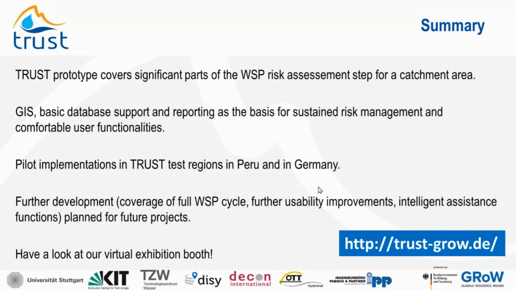For a full-fledged operational system, you would also need some subsequent steps, which are not so interesting from the scientific point of view, but just have to be implemented. And you have to cover the whole water supply chain, not only the catchment area, also the waterworks, for instance, and the distribution network.